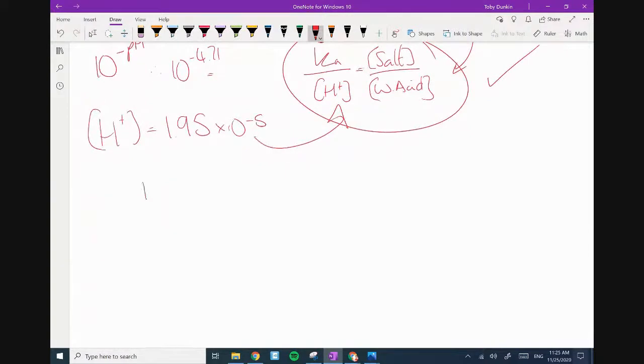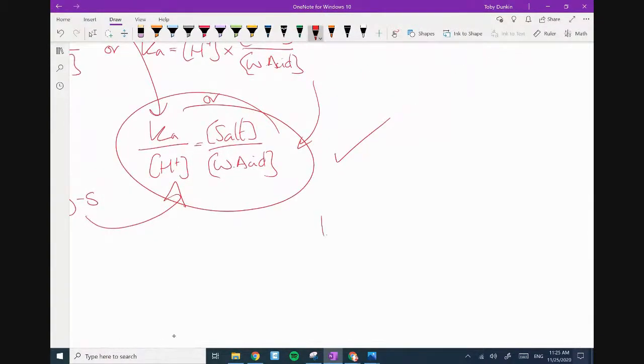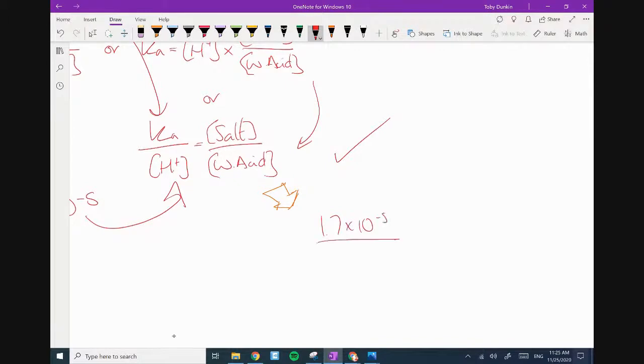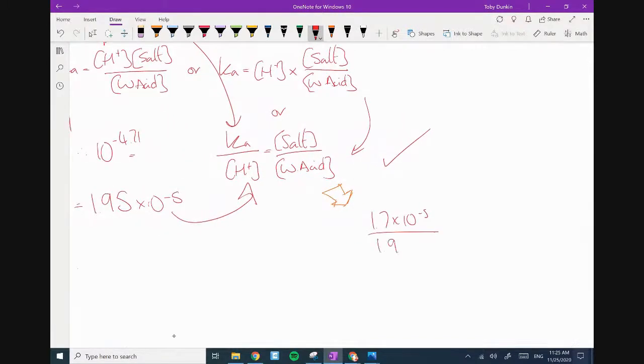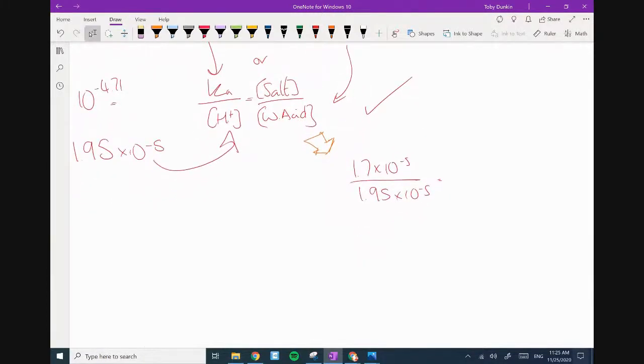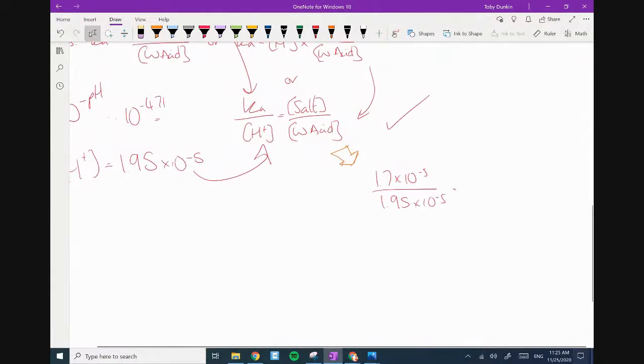So we now get 1.7 times 10 to the minus 5 over H plus, which is 1.95 times 10 to the minus 5, equals 1.7 exponential minus 5 divided by answer equals, and I get a ratio of 0.871.